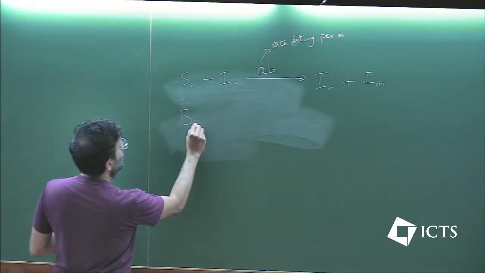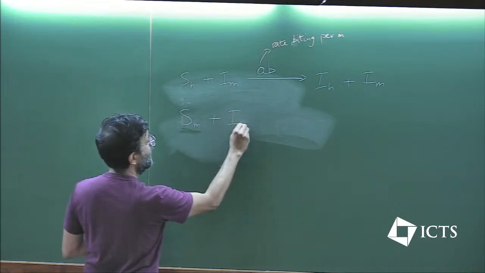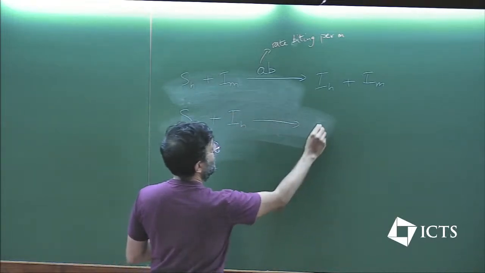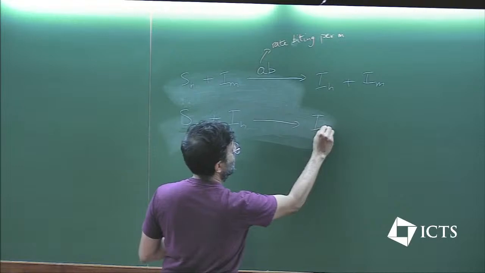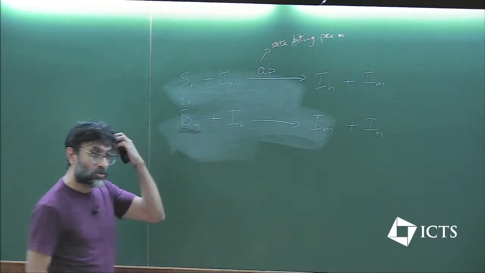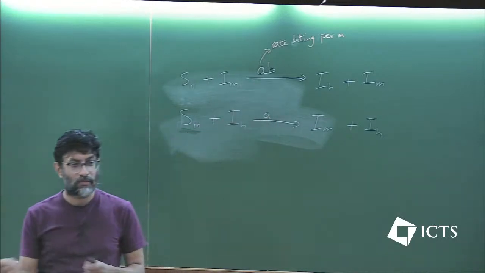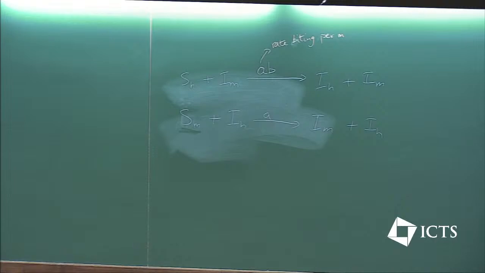Similarly here, if you have an uninfected mosquito which bites an infected human, it can get infected, and the human, of course, remains infected. So what will come here? The same biting rate, of course, comes here also, right? It's the same biting rate that goes into both. But here again, there will be a certain probability.